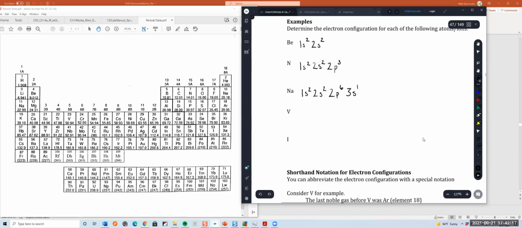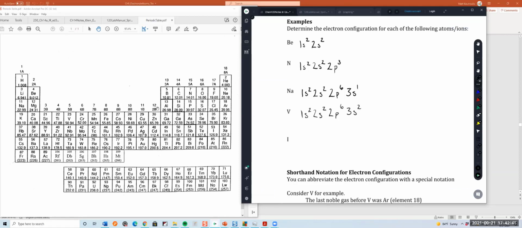Okay, so vanadium, same beginning, 1s2. 2s has 2 electrons. 2p is full, it has 6 electrons. Good. Now the 3s's are full, so how many electrons? 3s always has 2. Yeah, s's have up to 2.